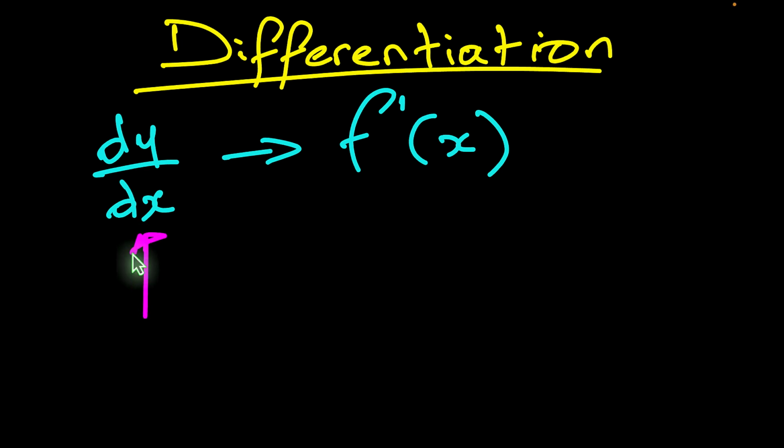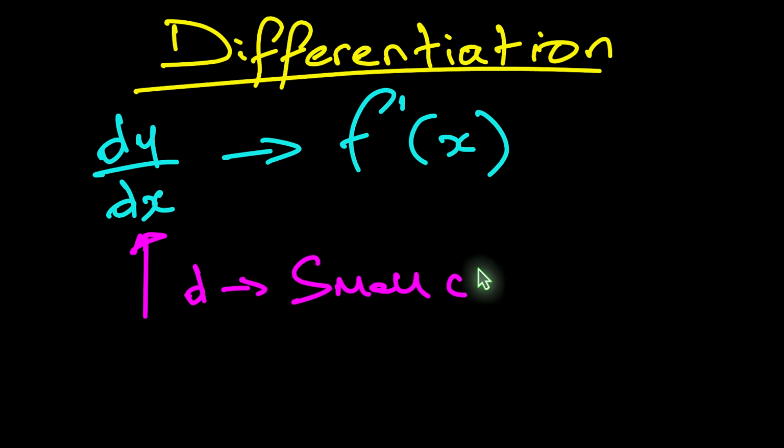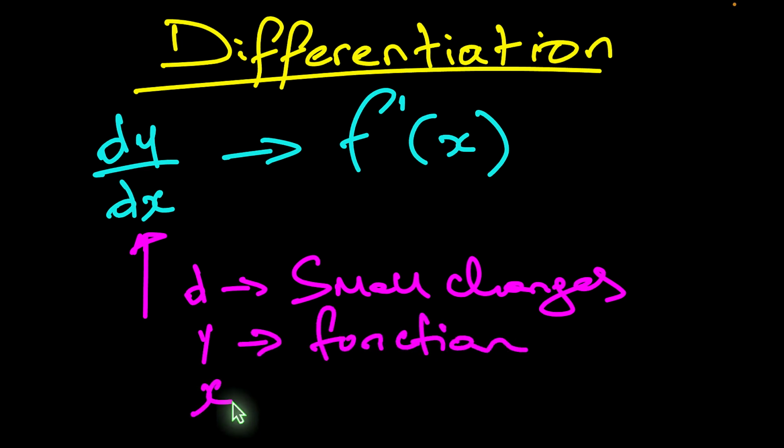And what it means really, the d is talking about very small changes. The y is essentially dealing with the function, so the y is the function that we're working with, whereas the x is basically the variable.